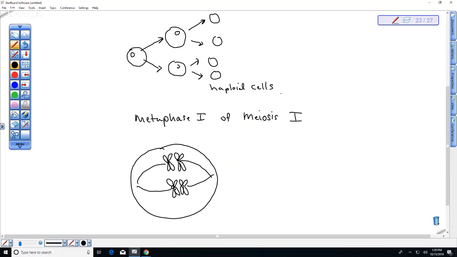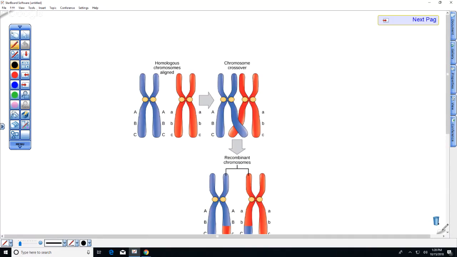Then in metaphase II, the second cell division, the sister chromatids actually get pulled apart. So that's metaphase I. I'll show you an overview from your book, and we'll talk about this in a little more detail on Wednesday.